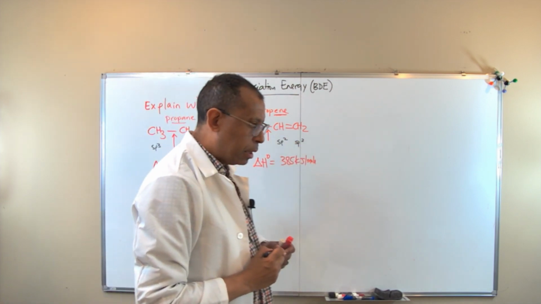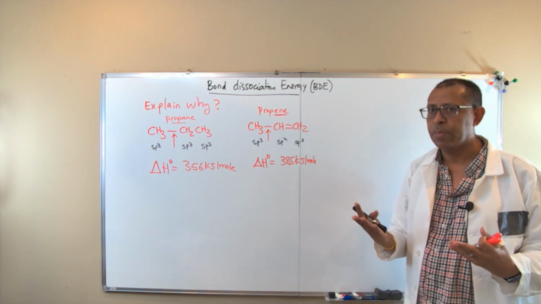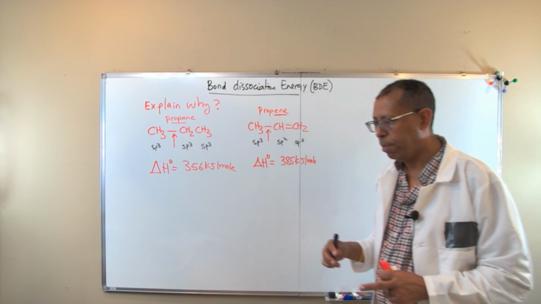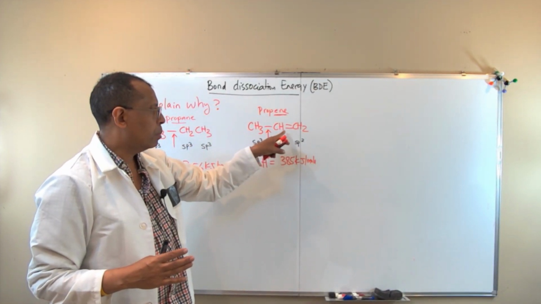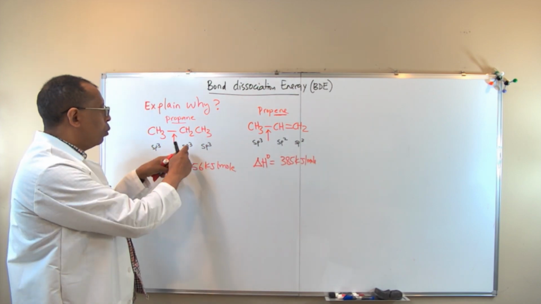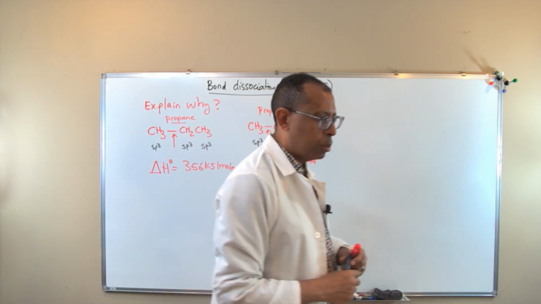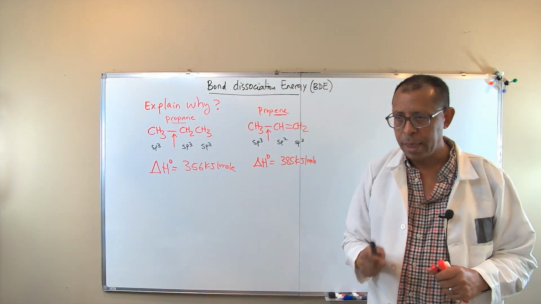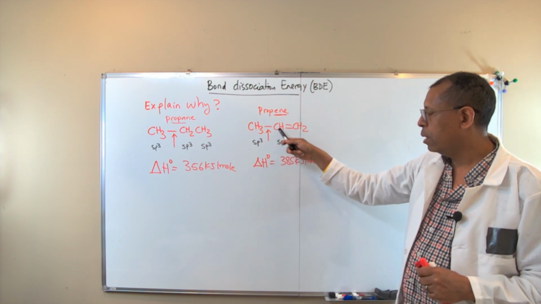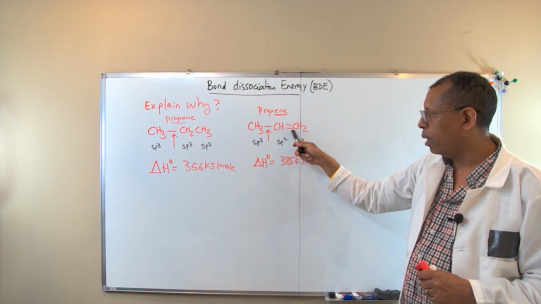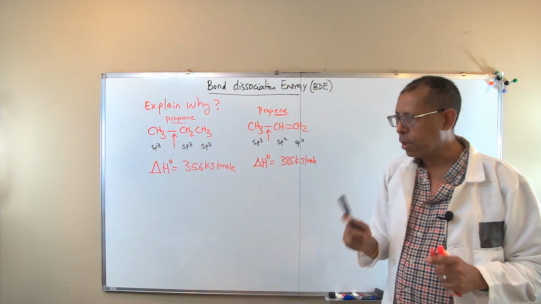So the bond strength depends also on bond length. The bond length between sp2, sp2 hybridized carbons is not the same as between sp3 and sp3. One important concept you should remember: the carbon-carbon double bond length and the carbon-carbon single bond length are not the same.